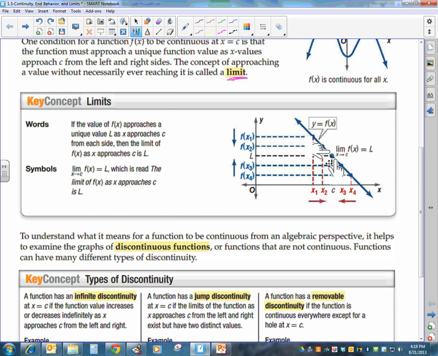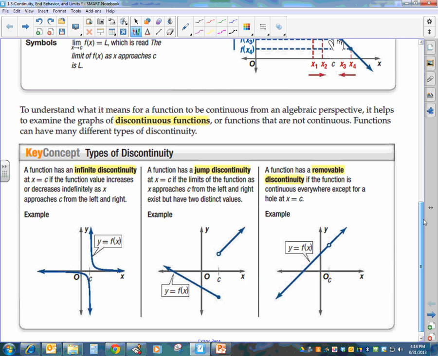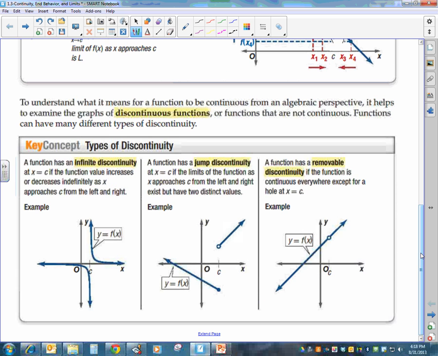And if my fingers meet in the same place, then I will have a limit. Now that's actually just one part of our algebraic proof for continuity, but it is something we will be using. Now, before we go on, let's take a look at discontinuous functions, okay?